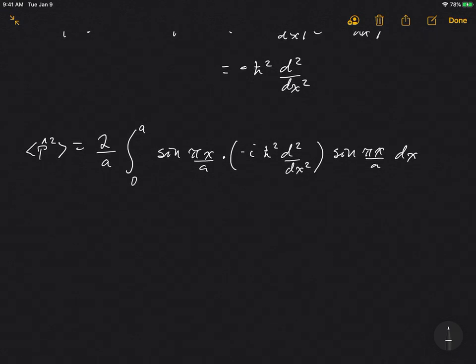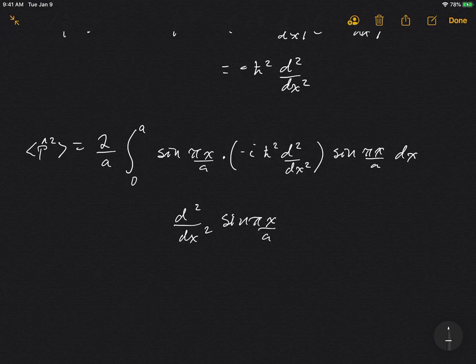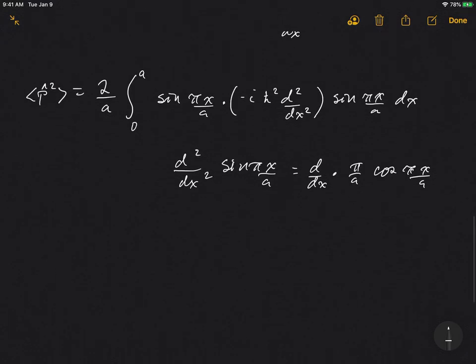And of course, let's go through and do the d squared dx squared on our sine pi x over a. That's going to be d dx acting on pi over a cosine pi x over a, and then acting our derivative again, we're going to get pi squared over a squared, and the derivative of cosine is minus sine, so we have minus pi squared over a squared sine pi x over a.